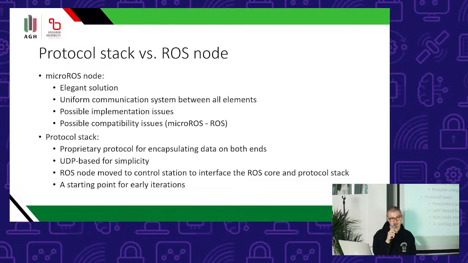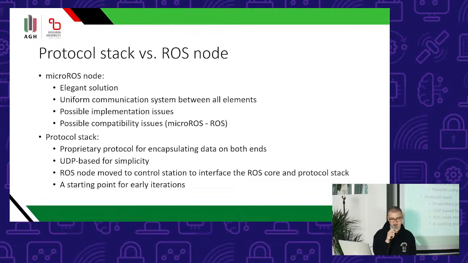It was UDP based for simplicity, because with TCP you need to worry about all this TCP disconnection detection. When the connection is broken, it can take some time for the error to be detected. And you need to have a server and client, the client needs to connect to the server, and we would rather just want to send the packet and hope that it reaches its destination.